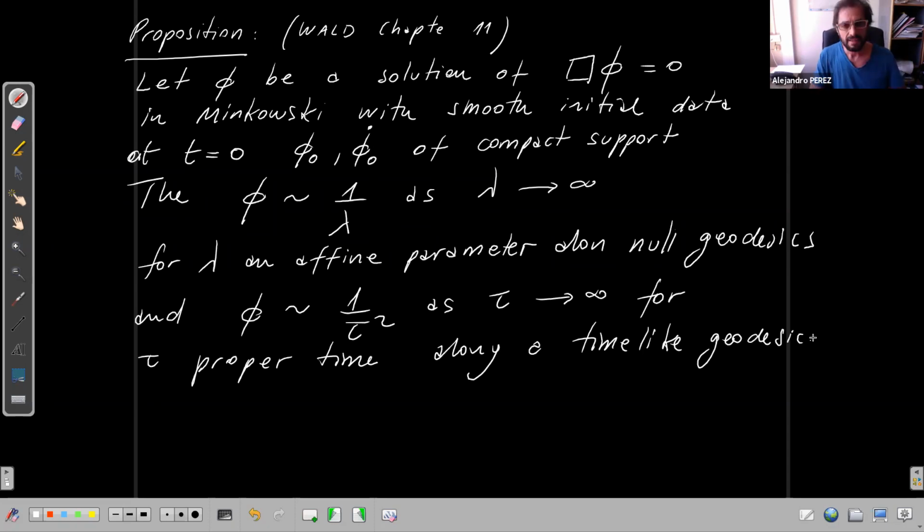So basically, the peeling properties of solutions of the Klein-Gordon equation are contained in this proposition.